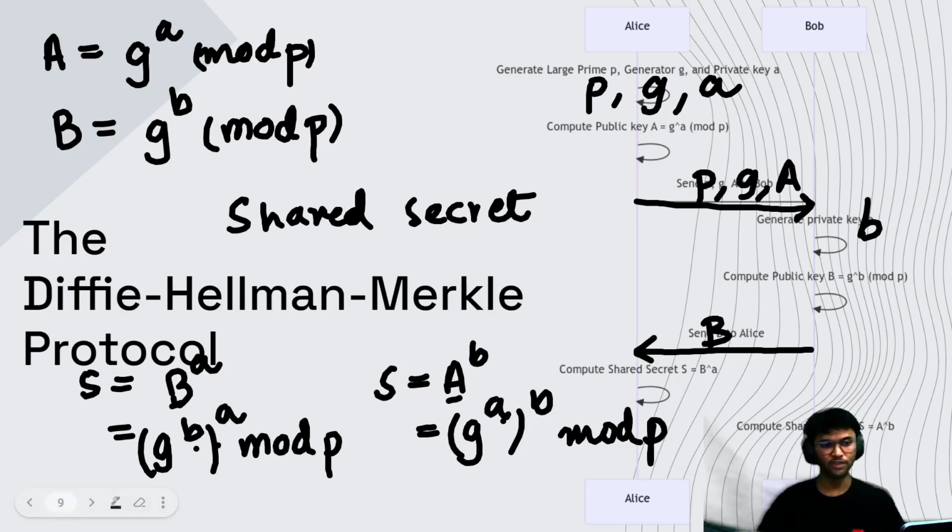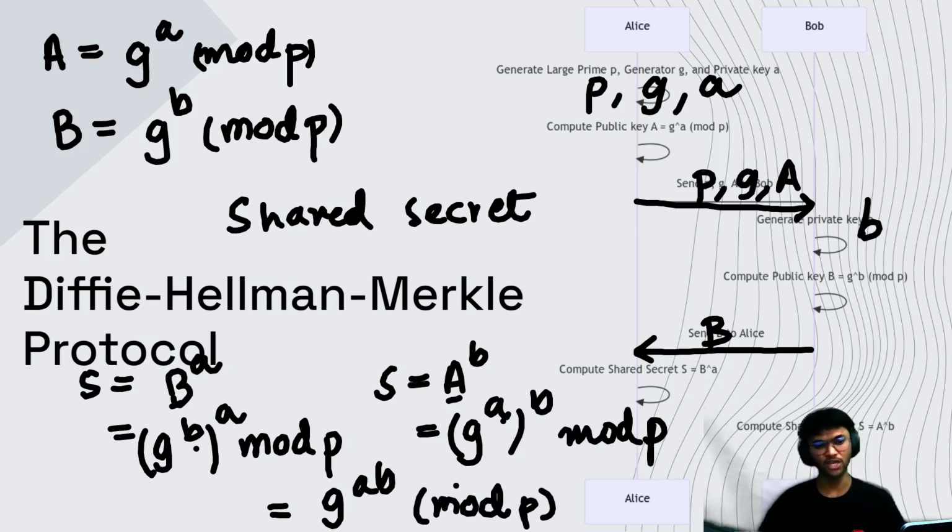So there's no way that the adversary can tap into little a's or little b's. They know capital A's and capital B's, which are the public keys respectively. Now, you'll notice both Alice and Bob are generating the same shared secret, the value of G raised to ab mod P.